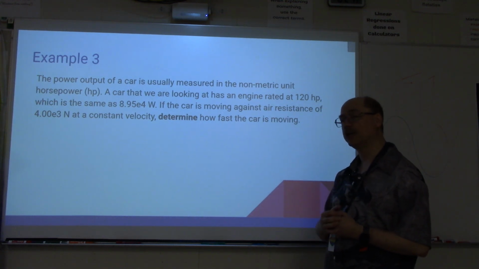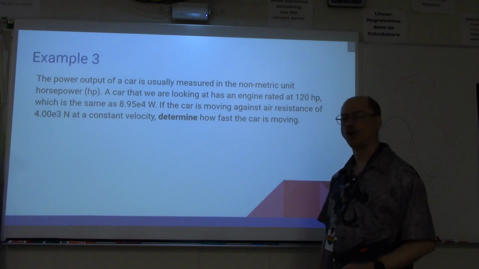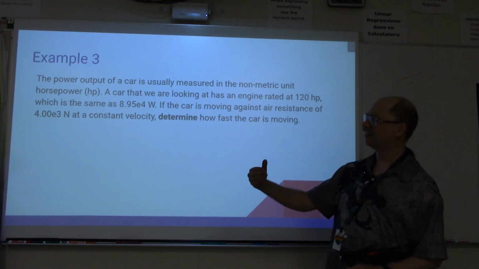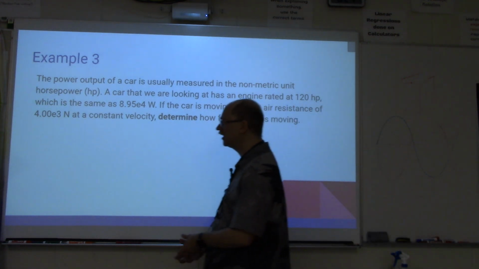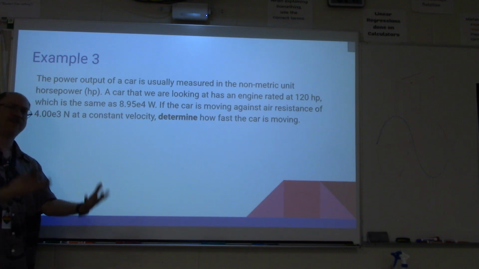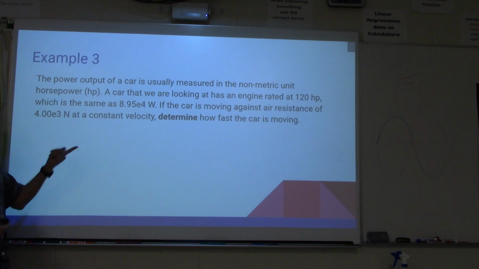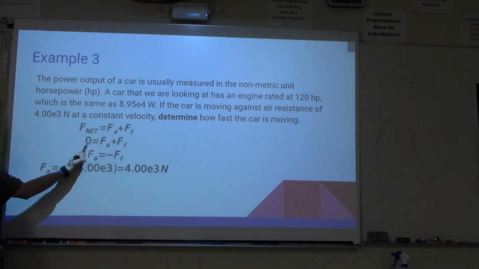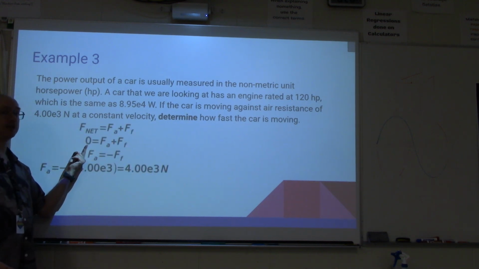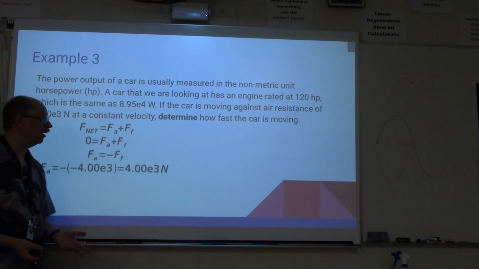I tell you that the car is moving against friction because of air resistance, resistance with the ground, things like that. It takes 4.00 times 10 to the 3 newtons to fight against that friction of the car moving along. But it's going at a constant velocity. Oh, so that's the kick again, that F net has to be 0, because if it's moving at a constant uniform velocity, F net has to be 0. Newton's first law.